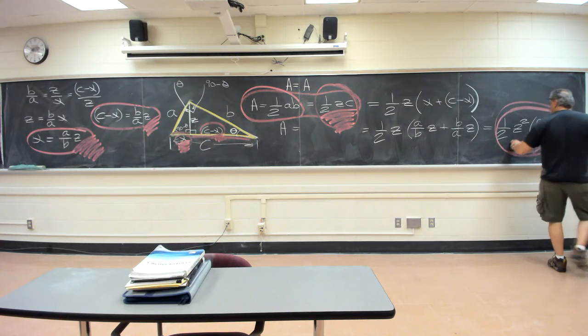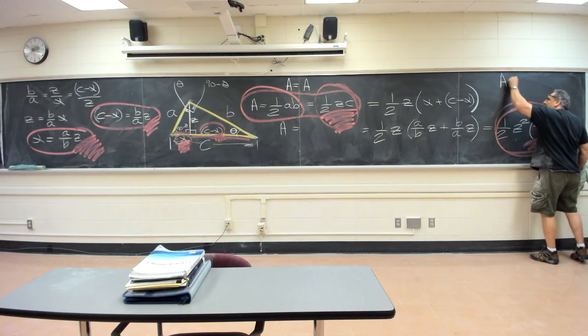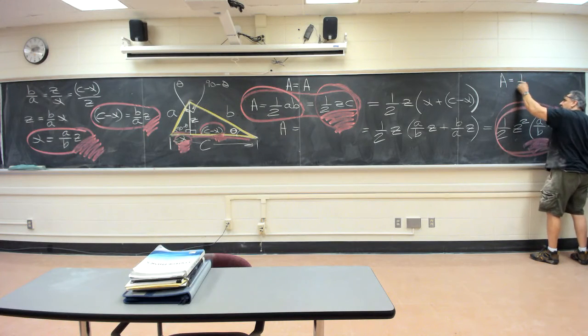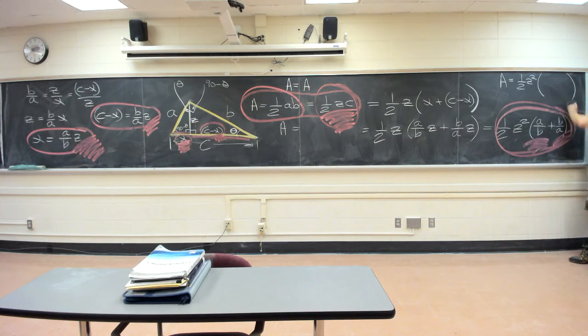What's going on here? This is the area, guys, still. Let's just stay with it: 1/2 z squared, and here we go. Let's get a common denominator, guys. Let's have AB as the common denominator on the bottom and see what happens. Multiply A and B together, and you got AB.